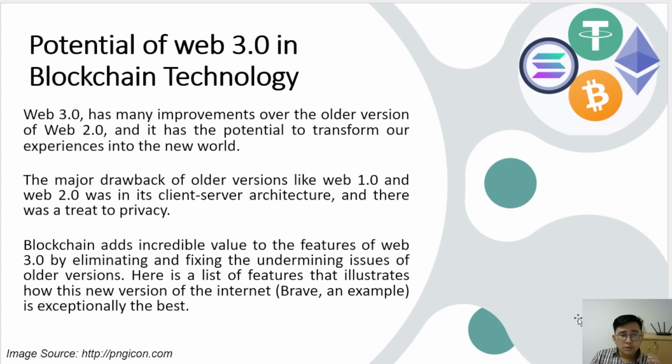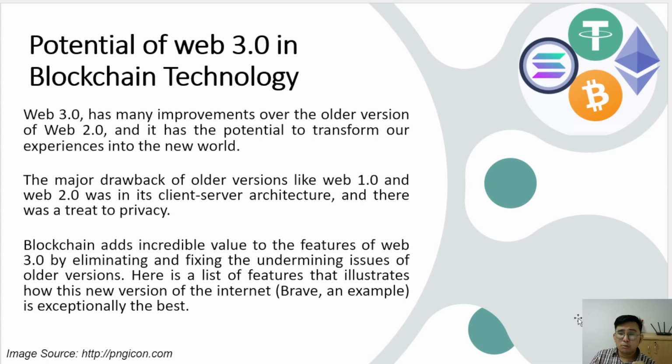It could also focus on what we call blockchain technology, which has many improvements over the old version, where the 2.0 was, and it has the potential to transform our world into a better experience, into a new world even.